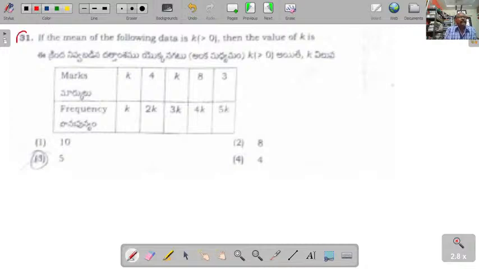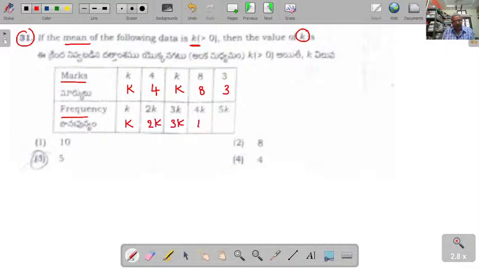Let me read the question first. If the mean of the following data is k, where k is positive, then we need to find the value of k. Here a table is given, with marks and frequency. The marks are k, 4, k, 8, 3 and the frequencies are k, 2k, 3k, 4k and 5k.